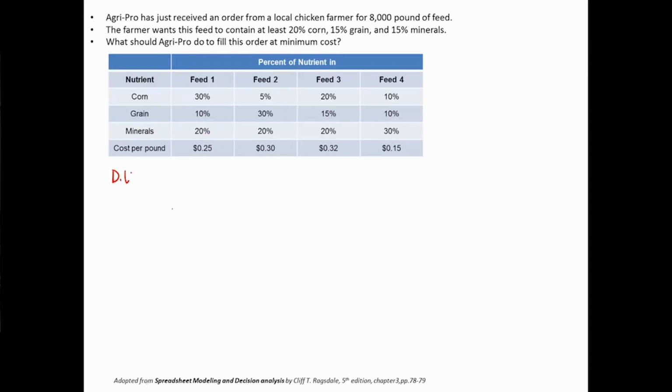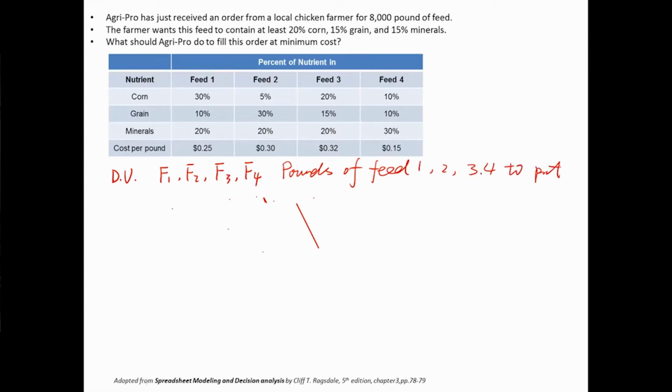As we just said, the decision variables will be F1, F2, F3, and F4, representing pounds of feed 1, 2, 3, 4 to put in the mix.